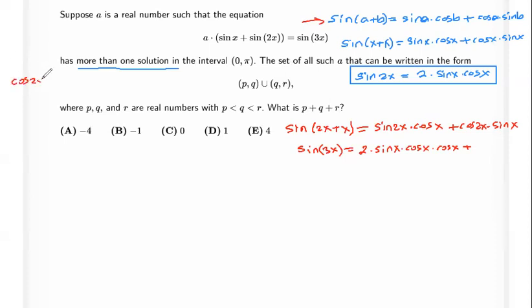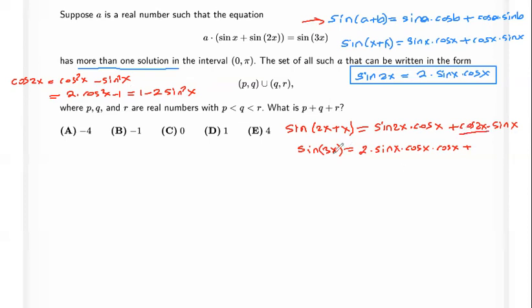Cosine 2x is equal to cosine squared x minus sine squared x, or 2 cosine squared x minus 1, or 1 minus 2 sine squared x. Again, these three can be derived from the angle sum for cosine. But the question is, which one should we use for this cosine 2x?